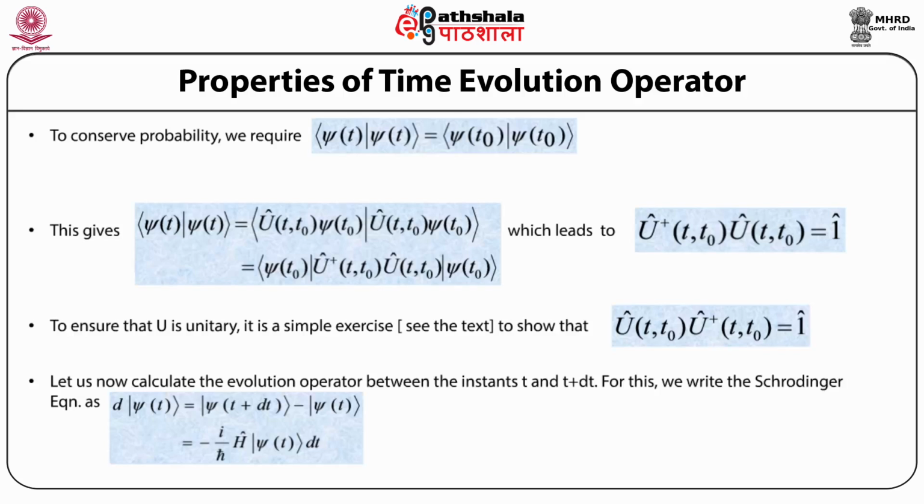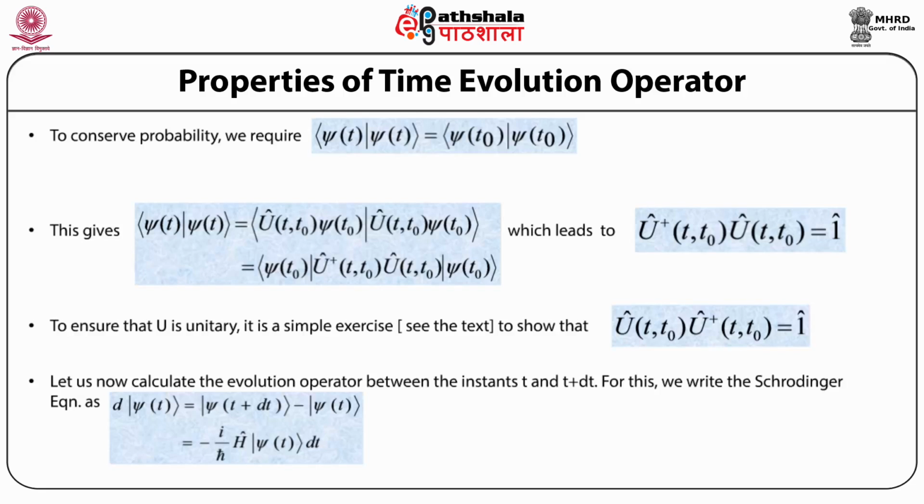That means we can do a separation of variables of the total wave function psi as a function of position vector r and time t into a product of two functions, one which is purely a function of the position vector r and the other which is a function of purely time.